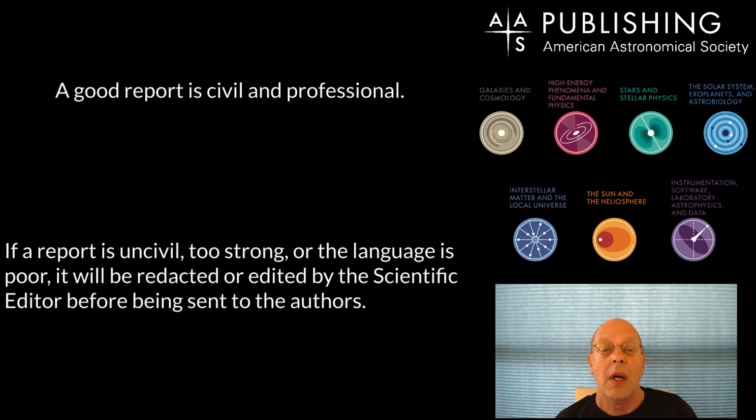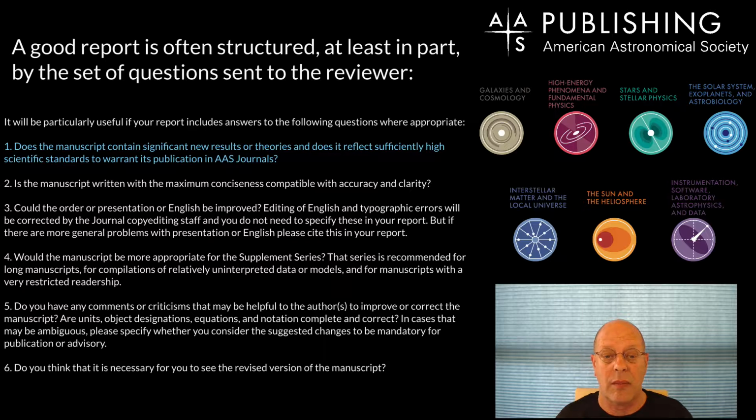A good report is also civil and professional. If a report is uncivil, too strong, or the language is poor, it will be redacted or edited by the scientific editor before being sent to the authors. So be civil and professional in a good report. A good report is often structured, at least in part, by the set of questions that is sent to you, the referee.